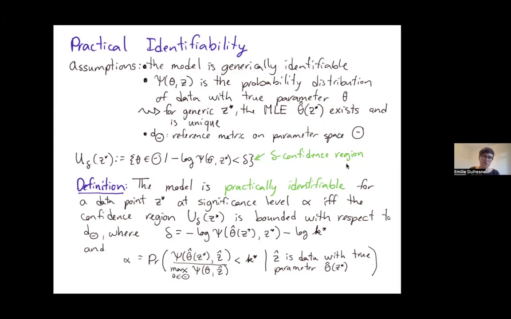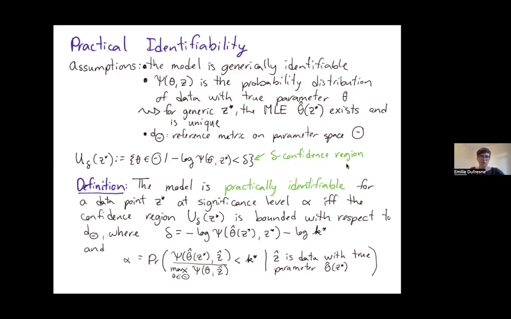So that's a confidence region for a likelihood ratio test, where the null hypothesis is that the true parameter is, say, theta 0, and the H1 hypothesis is that it's anything else. And this region is the set of parameters for which the null hypothesis is not rejected.